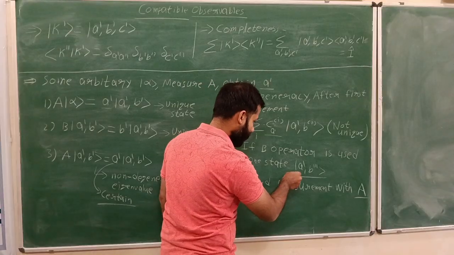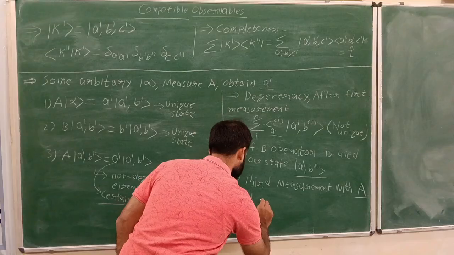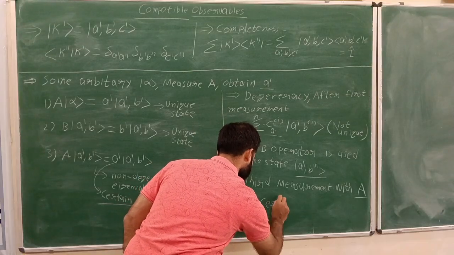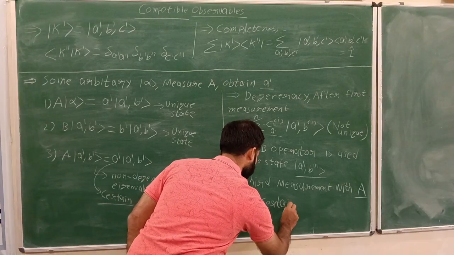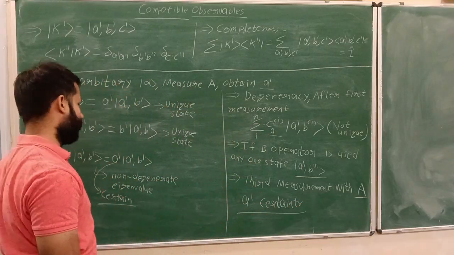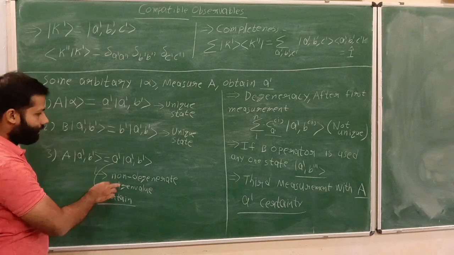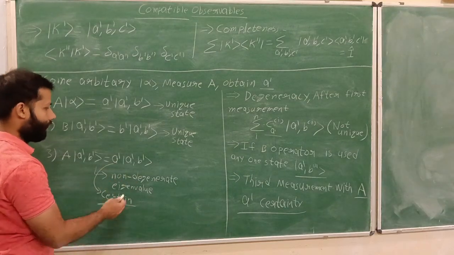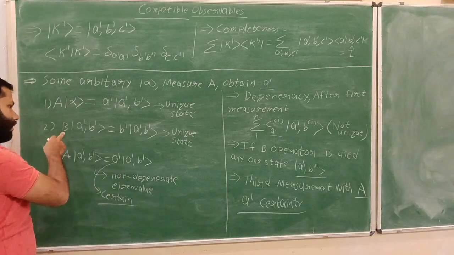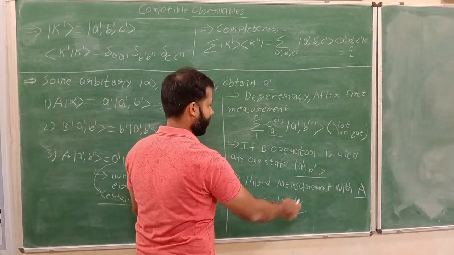I am measuring A, which will give me A prime with certainty. Here also I was getting A prime with certainty because this state is a simultaneous eigenstate of A and B. Here also we introduce degeneracy in one of the states.